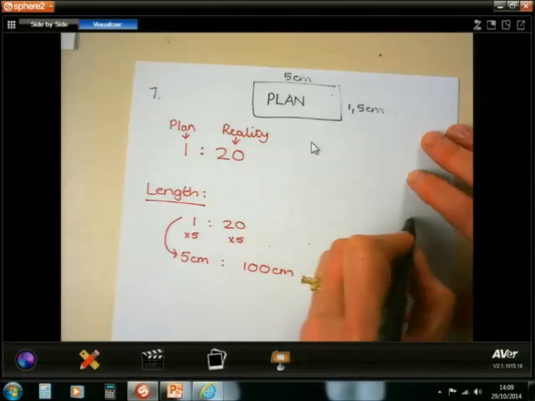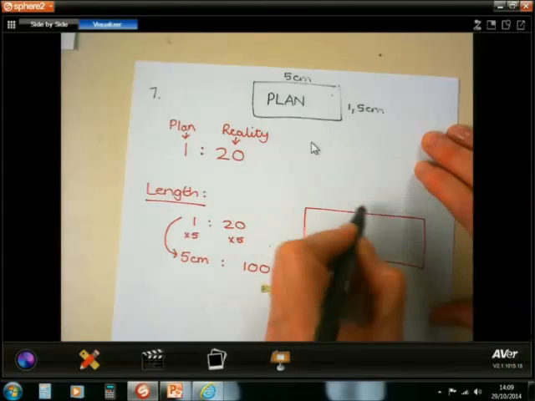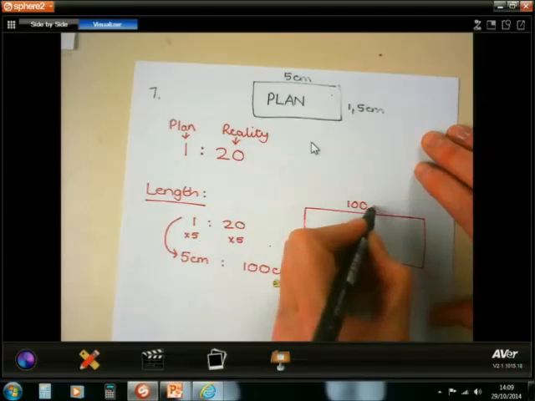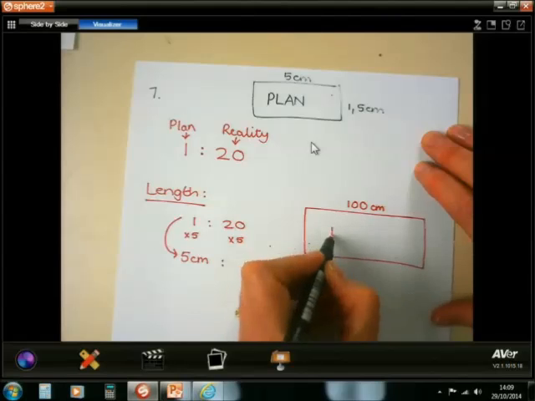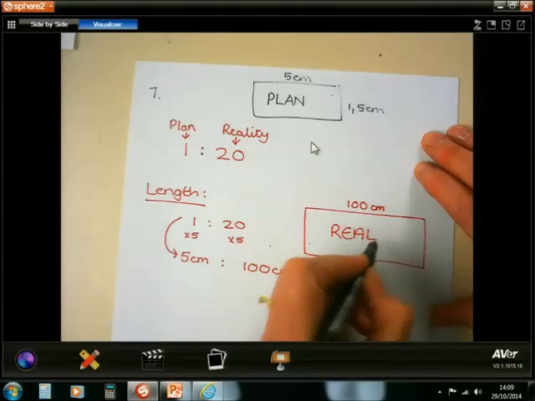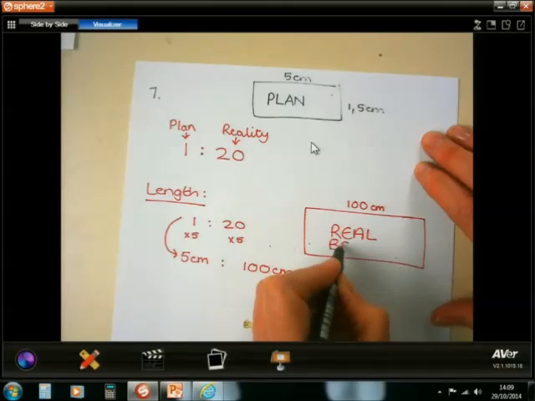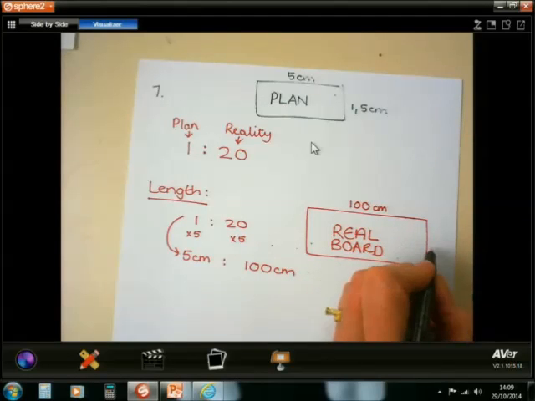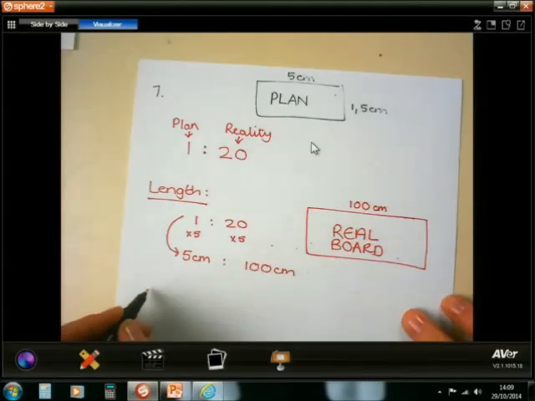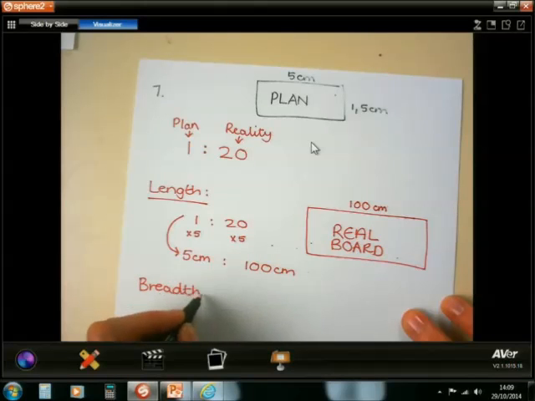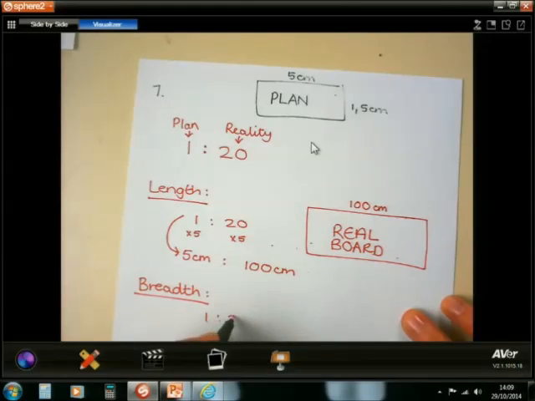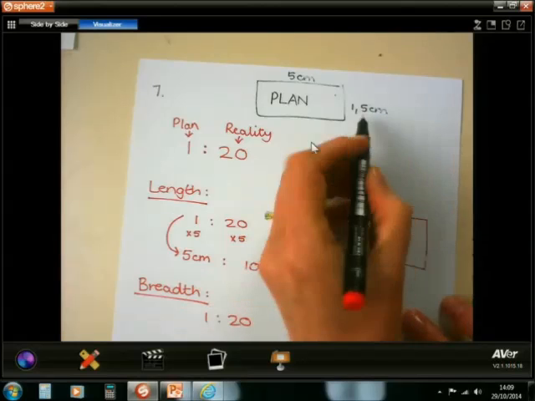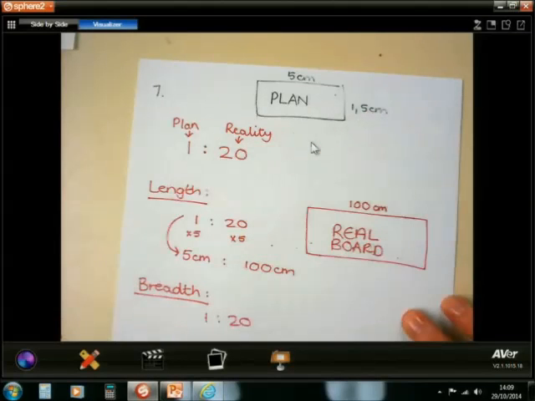So now if I can draw my real board here and say this is 100 centimeters long, the real board, all right? And then the width, we're going to still work out. So let's do the breadth or the width. The ratio stays the same. It's 1:20. But now we want to get it up to there, it was 1,5 centimeters. So this is 1,5 centimeters over here.